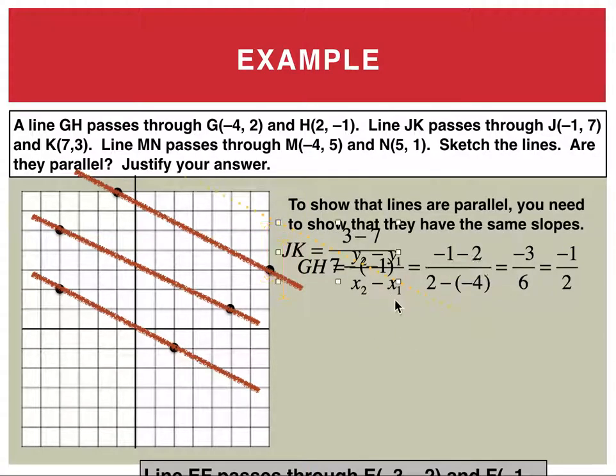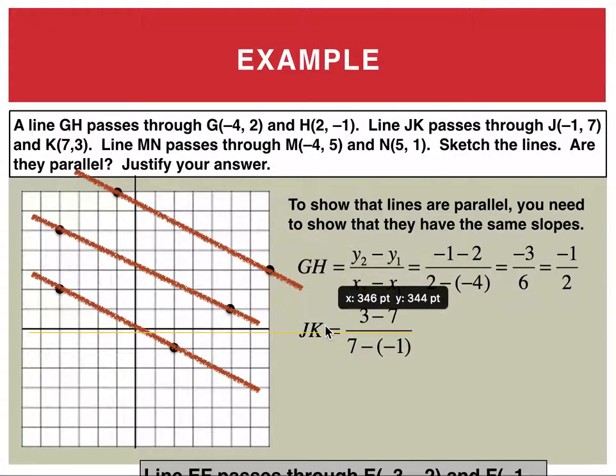If I actually do that, 3 minus 7 is -4, 7 minus -1 is 8, which again is -1 over 2. So I was right when I said they look more parallel. They are parallel.